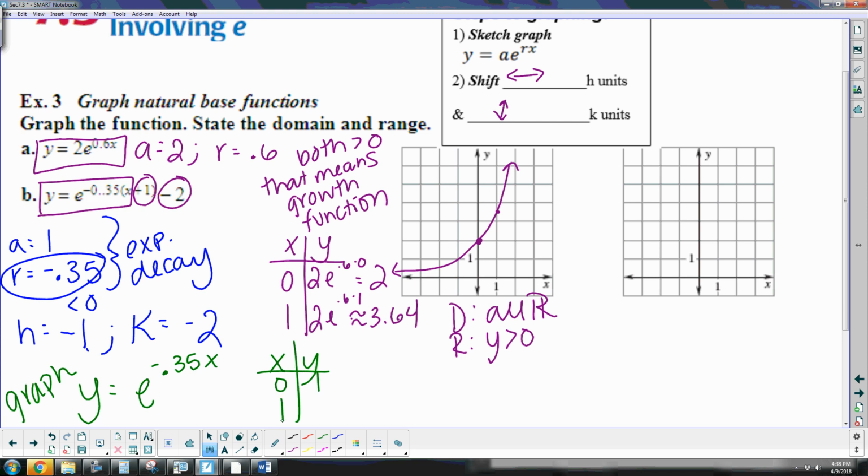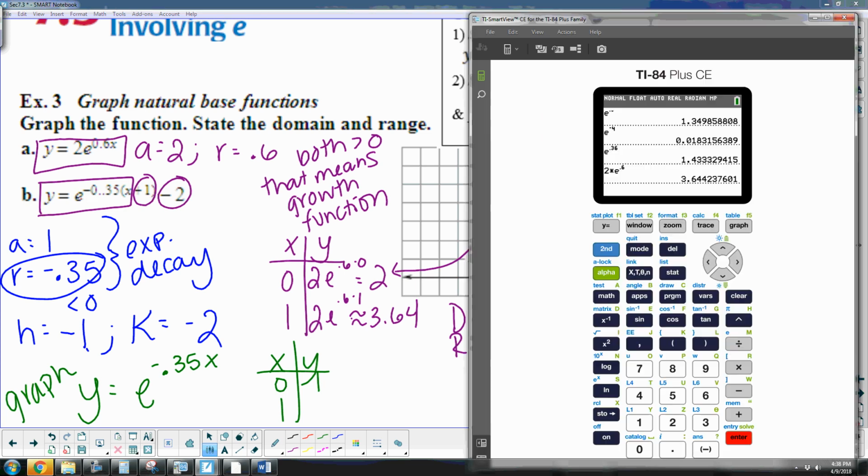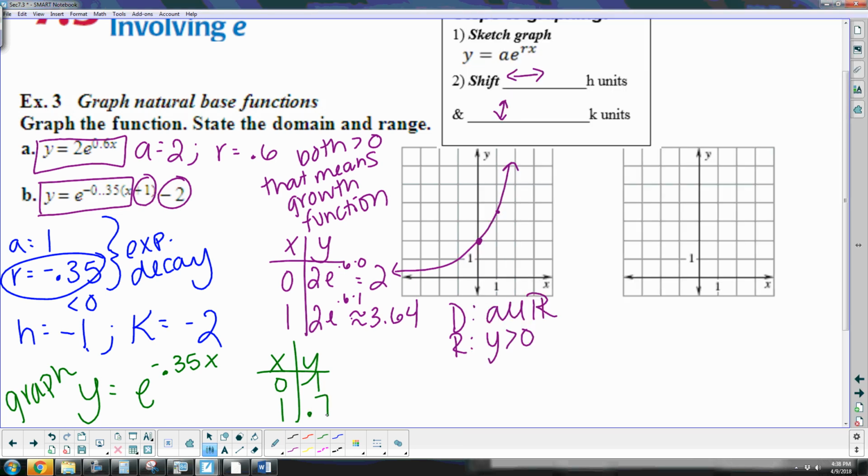And when x is 1, our y value is e to the negative 0.35 power, which we'll do on our calculator. E to negative 0.35 power is 0.7 approximately. Okay, so let's plot those 2 points first. 0, 1, and 1, 0.7. Again, we know this is an exponential decay function because our a value is greater than 0, but our r value is less than 0.